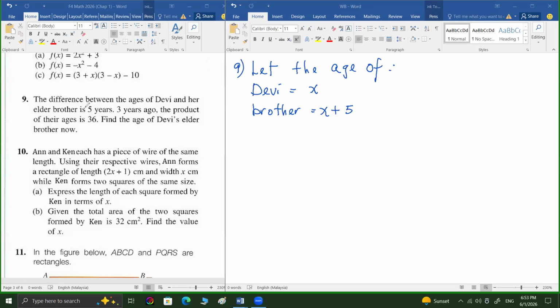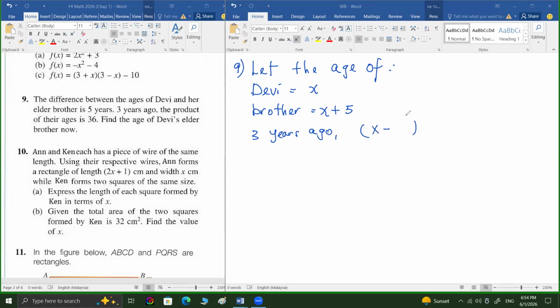Okay, next. The given one, 3 years ago. 3 years ago, how old are you? You minus 3, right? Your age minus 3, right? So 3 years ago, what is the age of Davy? X minus 3, right?